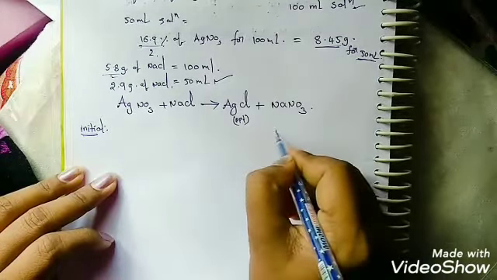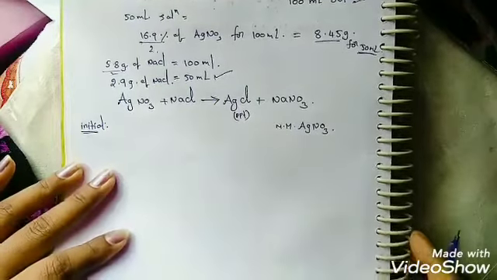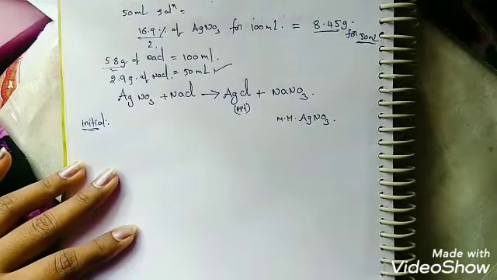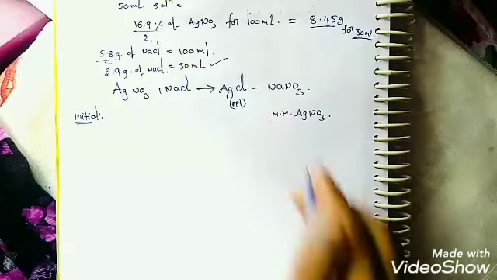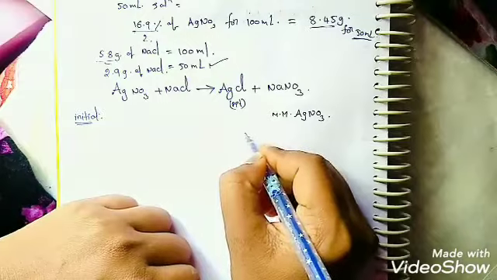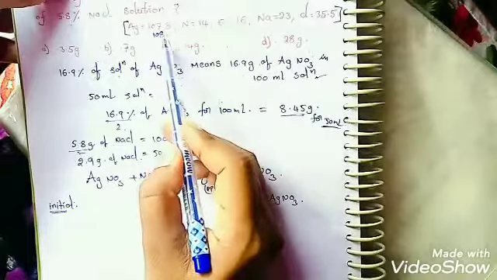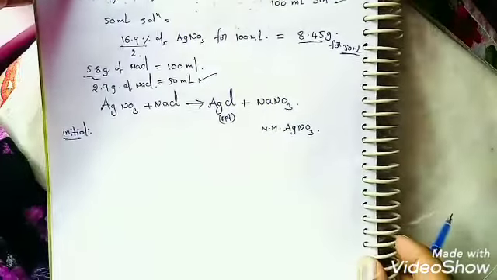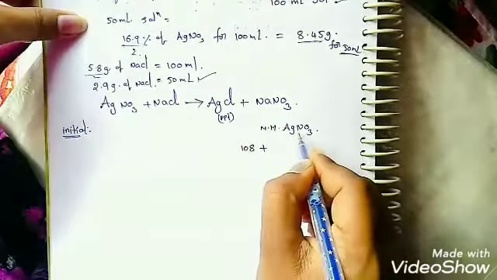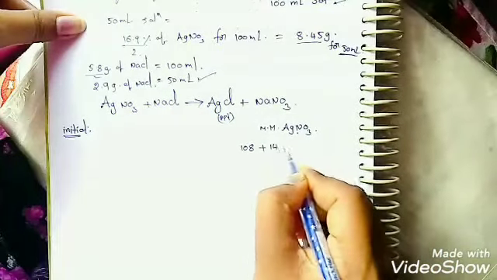Let's do the calculation for the molecular mass of AgNO3. Silver has atomic number 47, and the mass given in the question is 107.8, so we take approximately 108. Plus nitrogen, atomic number 7, mass 14.